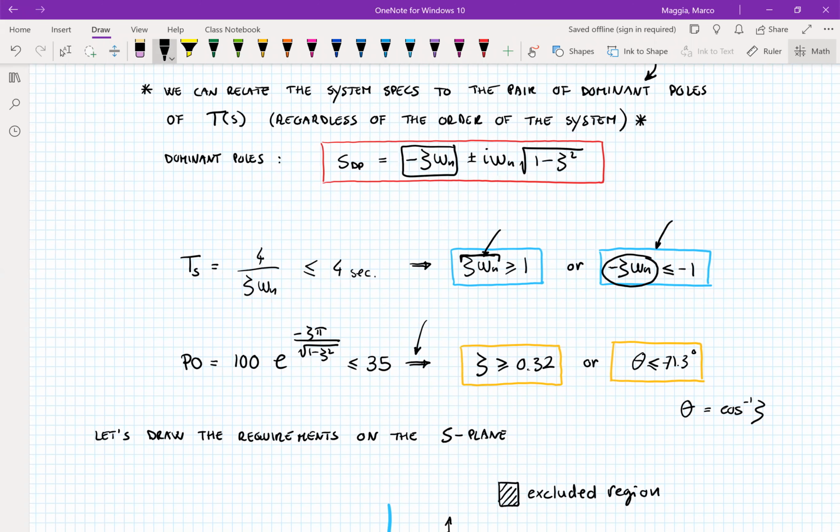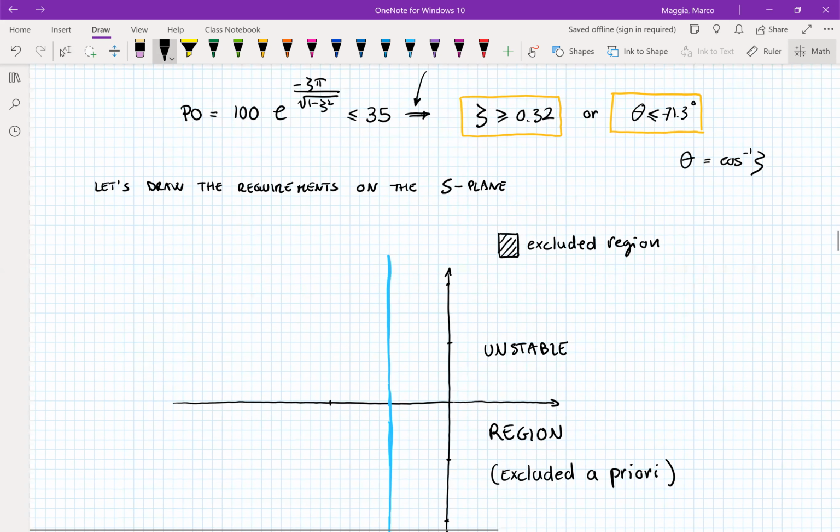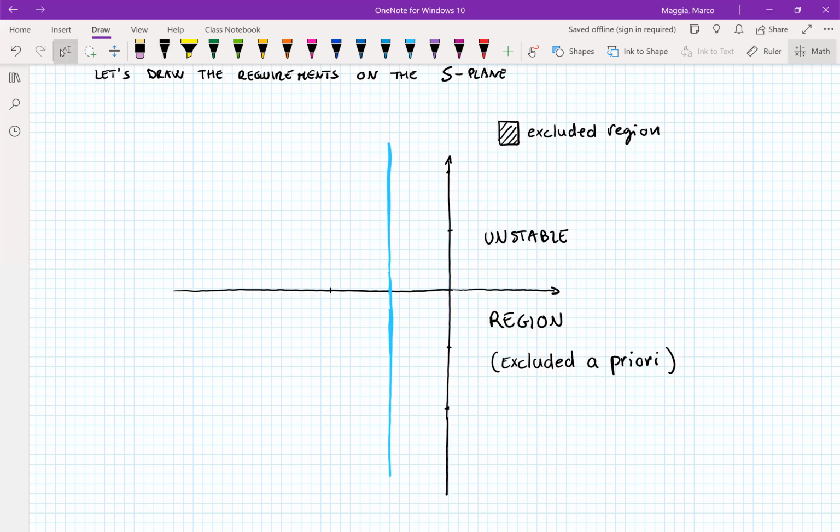So we want the real part to be less or equal to -1. So we are going to exclude everything to the right of -1.